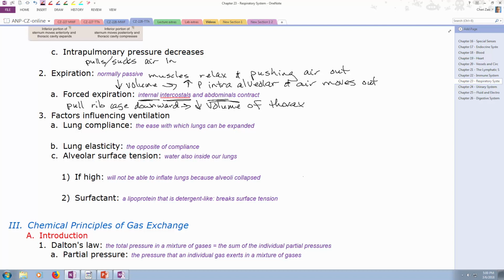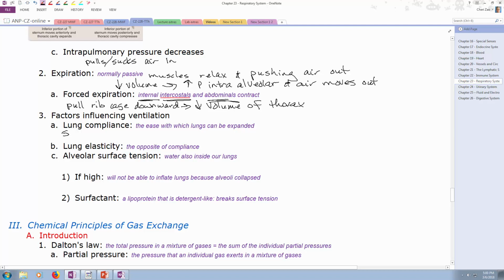Well, compliance is down on the one that's never been blown up. So that's what lung compliance is talking about: how stretchy they really are. And that's an important aspect of your ability to pull air in, correct? That compliance is going to greatly affect it.